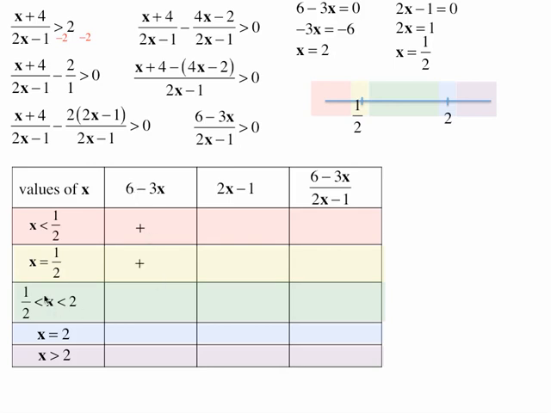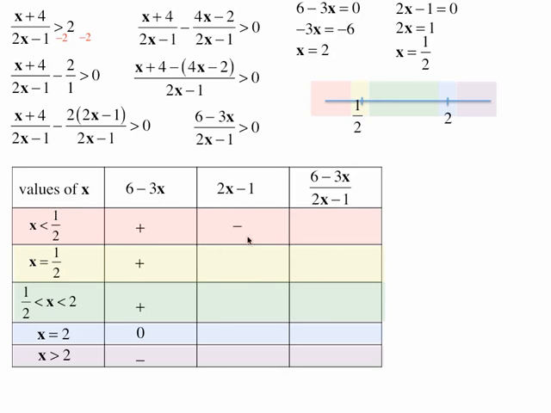When x is between 1/2 and 2, let's say x is 1, 6 take away 3 is positive. When x is equal to 2, that gives us 6 minus 6 is 0. When x is greater than 2, like when x is 3, 6 minus 9 is minus 3, so that's a negative. Then I'm looking at 2x - 1, and if x is less than 1/2, for example if x is 0, I get negative 1.